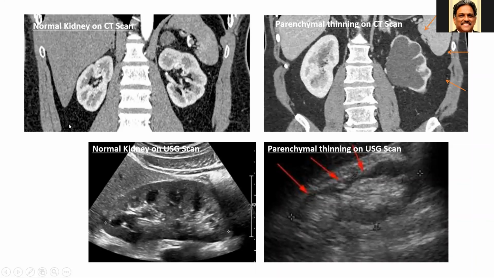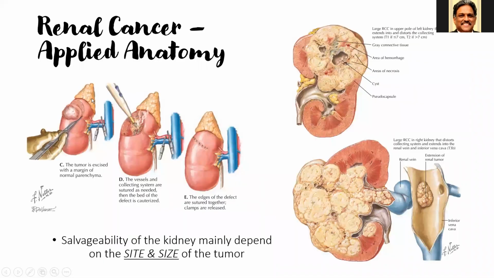Also, one more important aspect with relation to cortex and medulla is tumors that are cortical, predominantly exophytic and small, meaning renal cell cancer, which can be removed by salvaging the kidney. Just a portion of the kidney, as in a wedge of kidney along with the tumor, can be removed, and the kidney can be resutured.